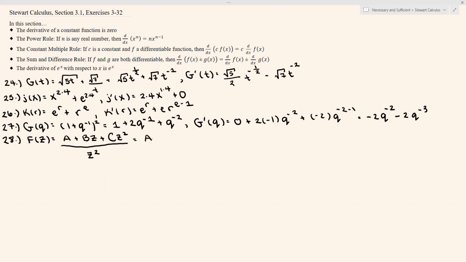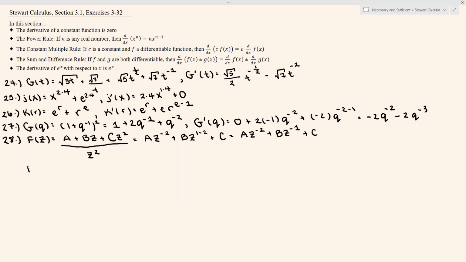So this is a z to the -2 plus b, this is z to the 1 minus 2, plus c times z squared over z squared. Again, we can simplify this as a z to the -2 plus b z to the -1 plus c.